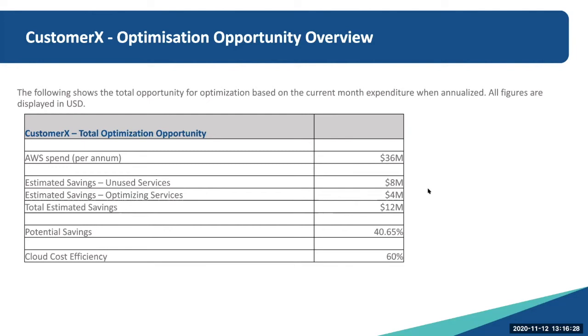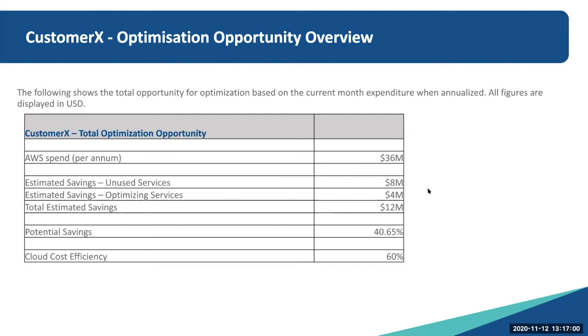The optimization services, this will be where you've got a service and you still need to use that service, but the configuration of that service may be able to be dropped. And what that would allow is for a reduction in cost. We commonly see these types of things where you've got volumes or databases or other services where you've got things like IOPS, and you've requested a large amount for a service, and we're able to reduce those.